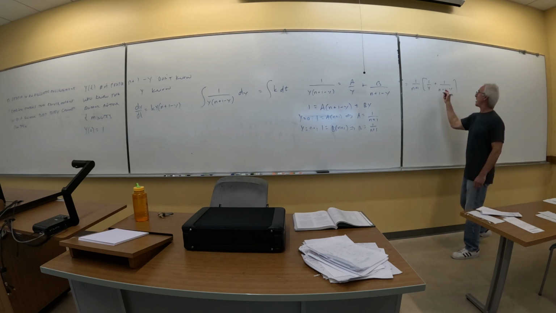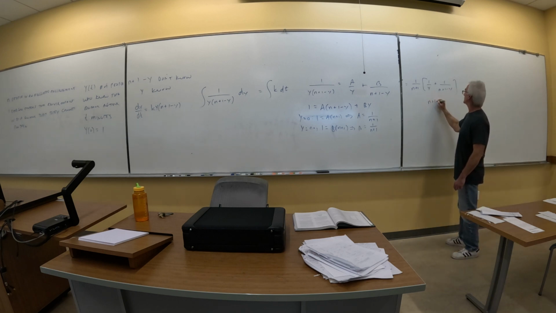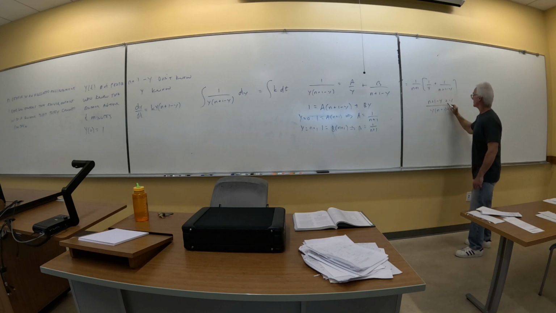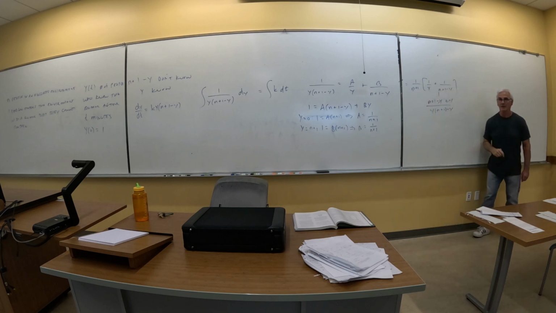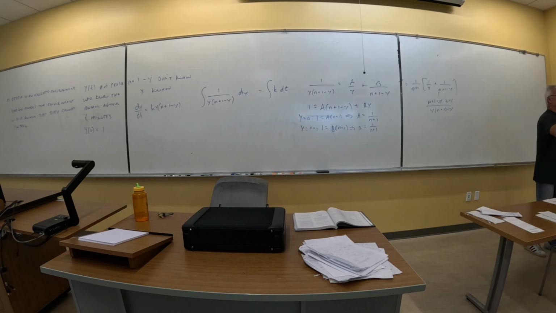Okay, if I put this over a common denominator, that's going to be n plus 1 minus y plus y over y times (n plus 1 minus y), which cancels, and then that cancels, and good thing? Yeah, we did it right. Everything canceled. But I would still check. If I have specific numbers here, the check is the same.